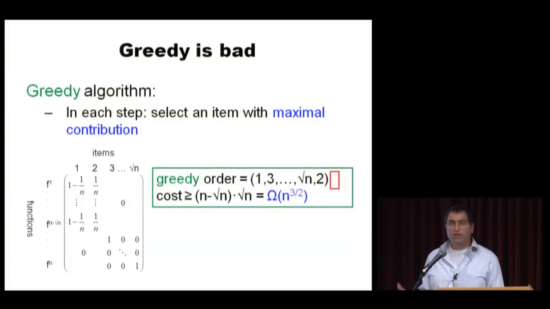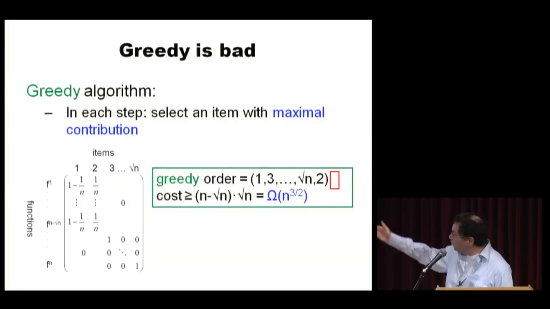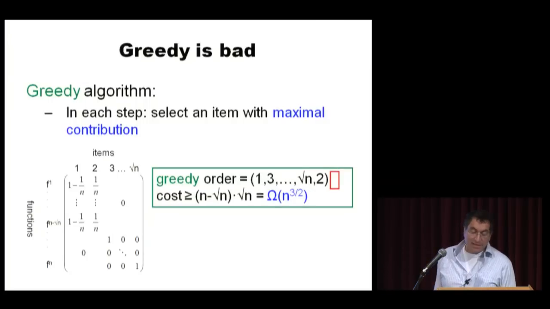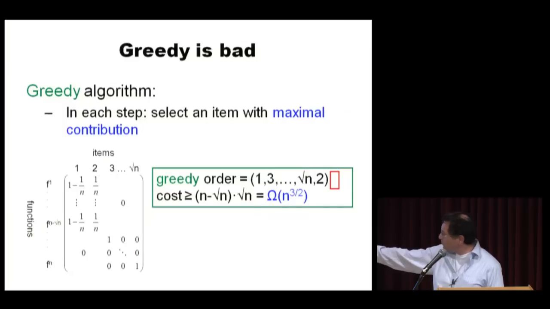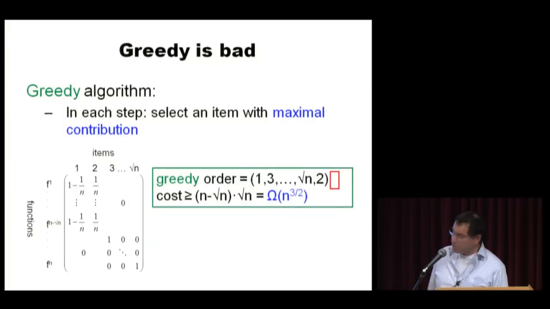So the greedy order will be, first of all, choose the first column. Then, since the second column has information which is less than 1, the third column, from the third to the square root of n columns, has large contribution. See that there are various interesting boxes here.